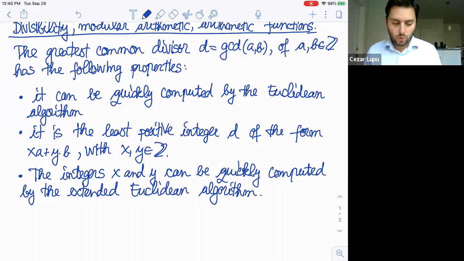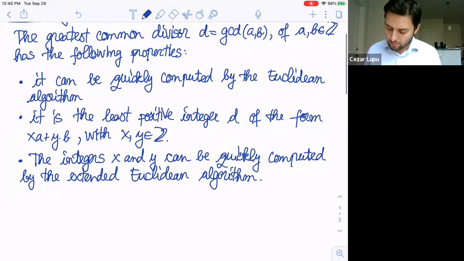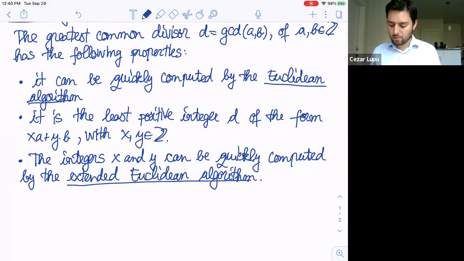There are three things here: the Euclidean algorithm, the extended Euclidean algorithm, and also I would like to explain more this lemma that the GCD is the least integer D of the form XA plus YB. This is nothing else than what we call Bezout's identity.